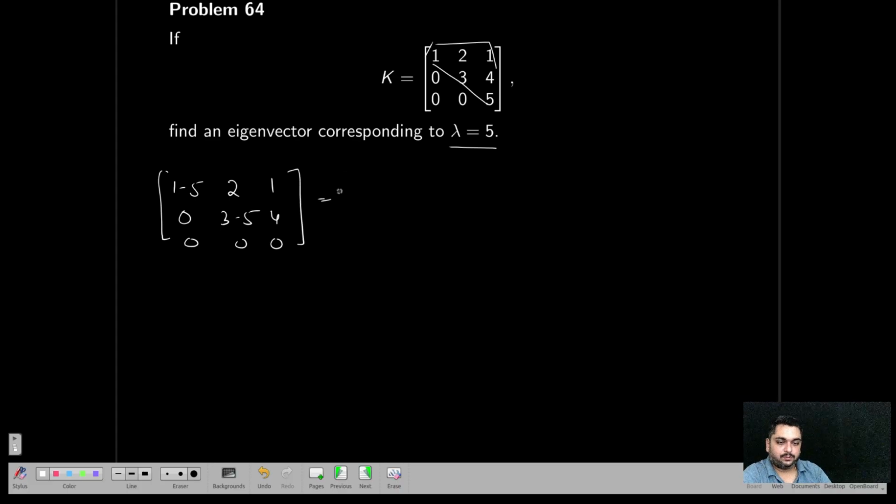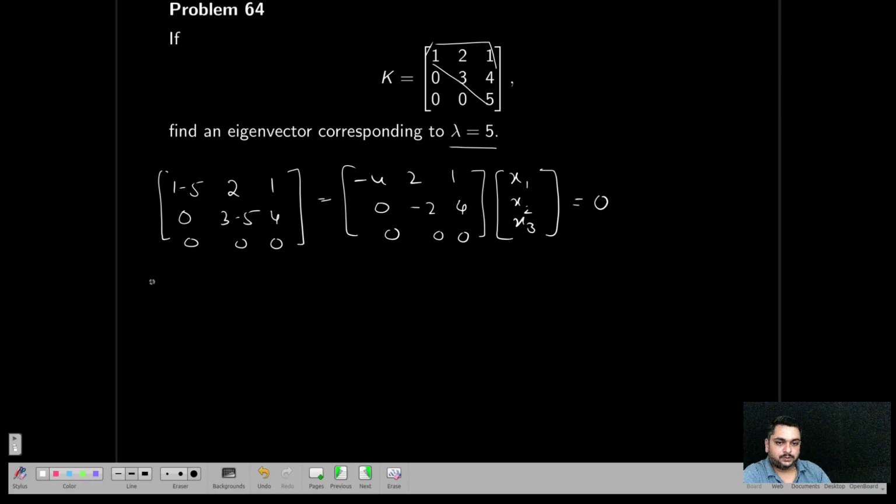So this will be equal to minus 4, 2, 1, 0, minus 2, 4, 0, 0, 0, and then my eigenvector, that is x1, x2, x3, will be equal to 0.